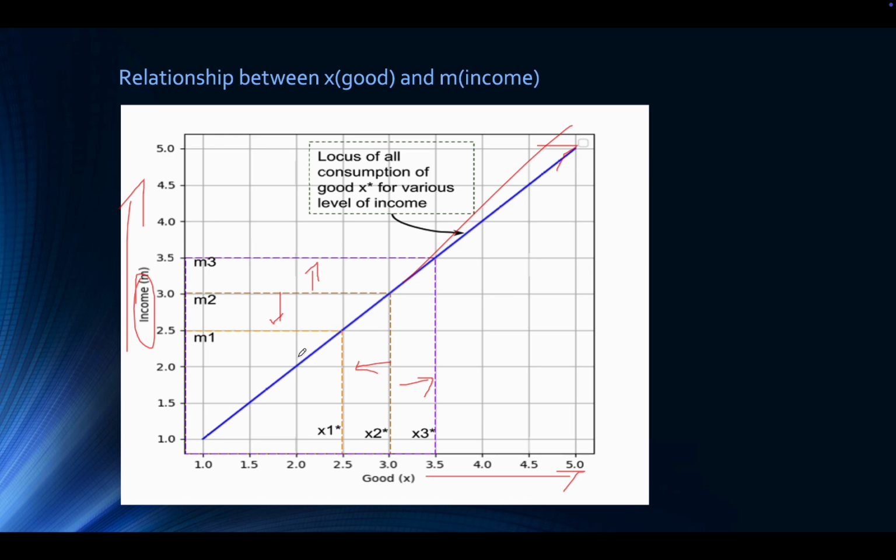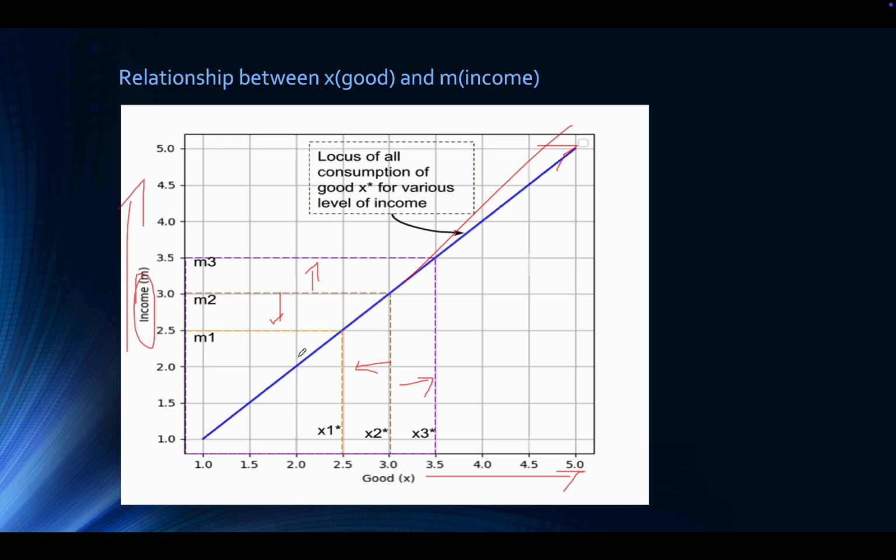So what are the key takeaways? Inferior goods see a decline in demand as income increases. Normal and luxury goods see an increase in demand with higher income, and this relationship is crucial for predicting market behavior.